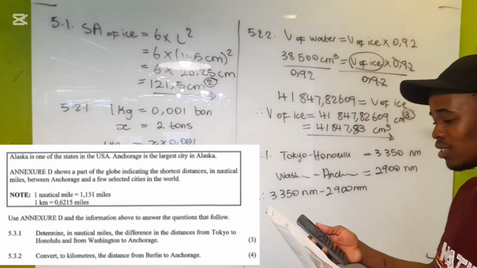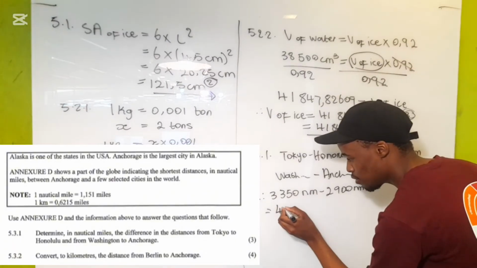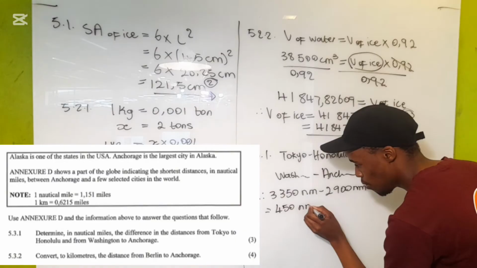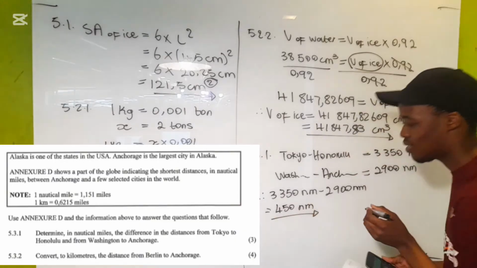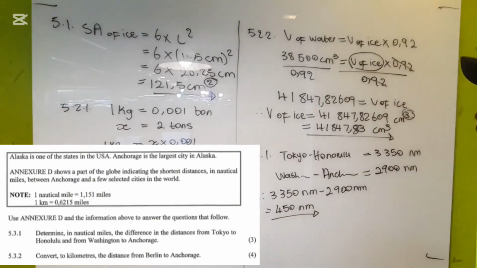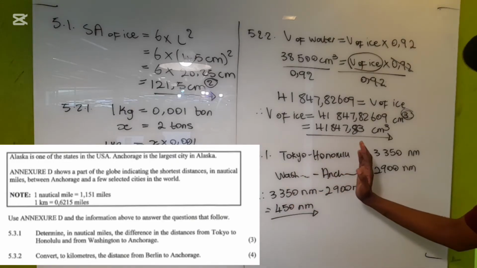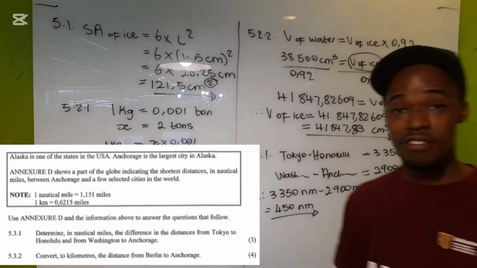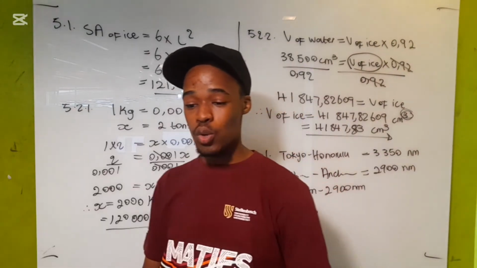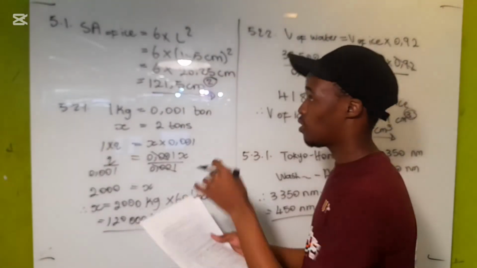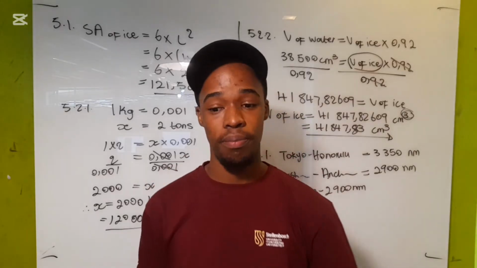So the difference is 450 nautical miles. So this is our final answer. It's the difference between the distance from Tokyo to Honolulu and from Washington to Anchorage, 450 nautical miles. I'm just going to clear here, and then we're going to go to the next question.